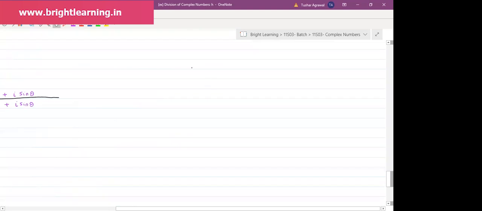That sin square theta, that identity, that mistake I can accept. Why can I accept that mistake? Because cos 2 theta is equal to cos square theta minus sin square theta. If I substitute cos square by 1 minus sin square, it becomes 1 minus sin square minus sin square, which is 1 minus 2 sin square theta. And if I substitute sin square by 1 minus cos square, this becomes 2 cos square theta minus 1.